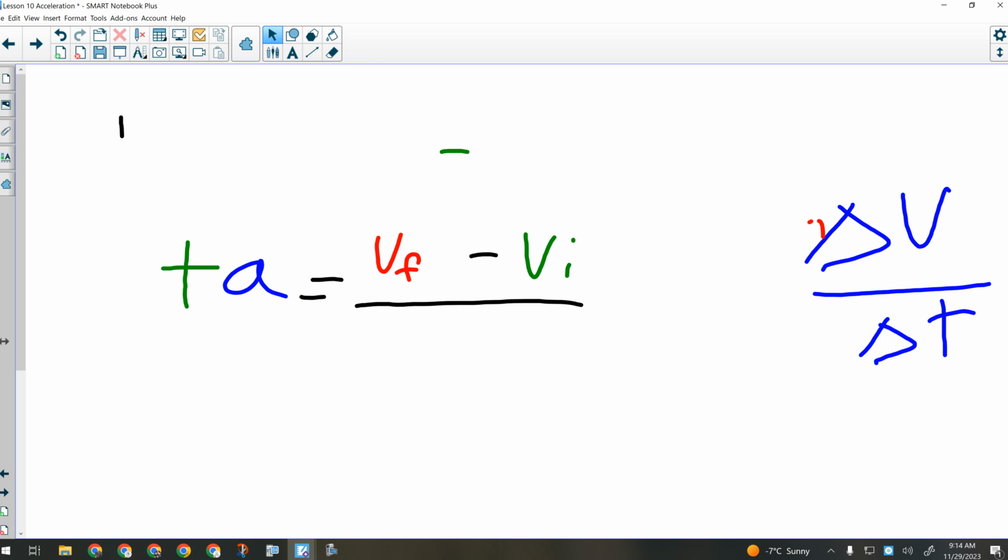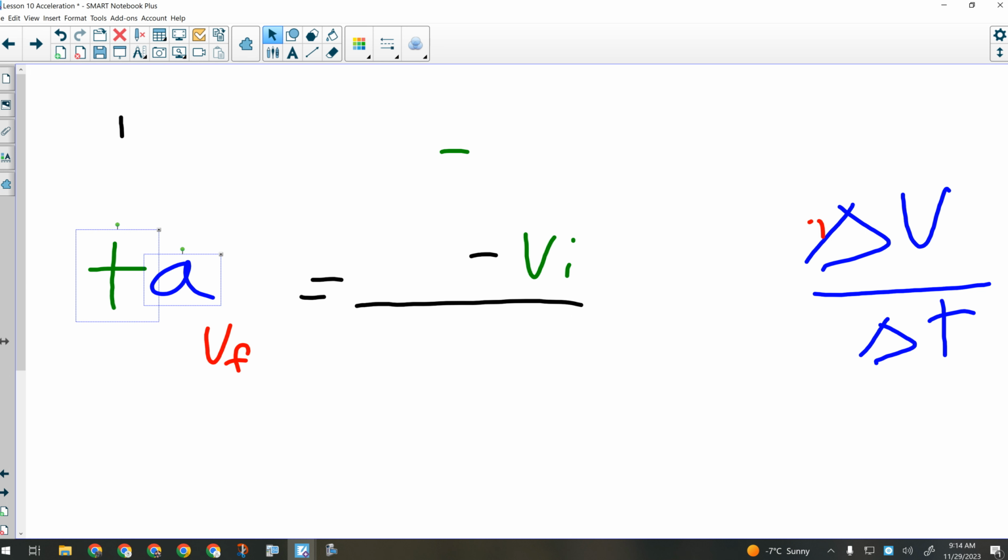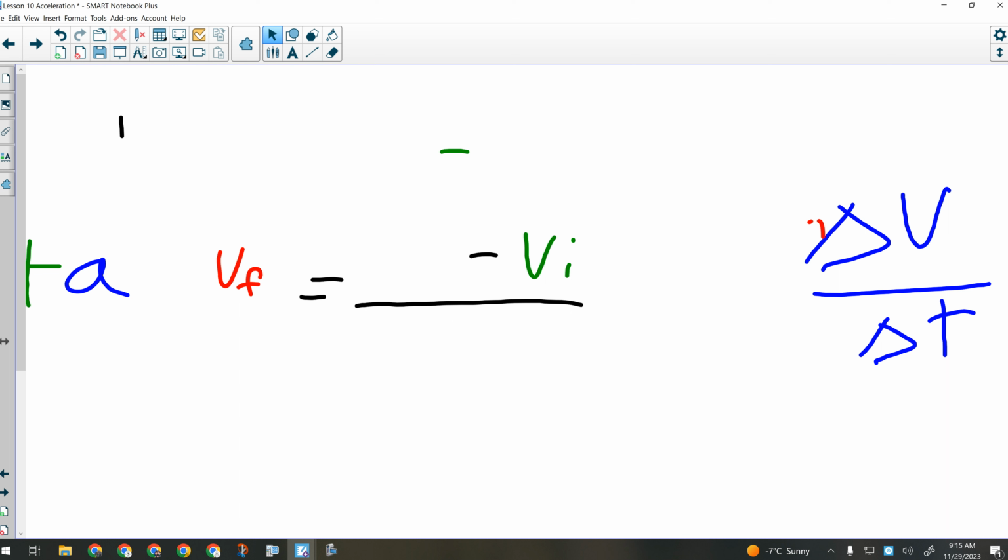If I subtract VF, and it's a legitimate way to do it, it's not the way I do it, but it's legitimate. I've subtracted VF from both sides, what am I solving for? Negative VI, which is okay as long as you remember the number you calculate is going to have the opposite sign of what it should have.